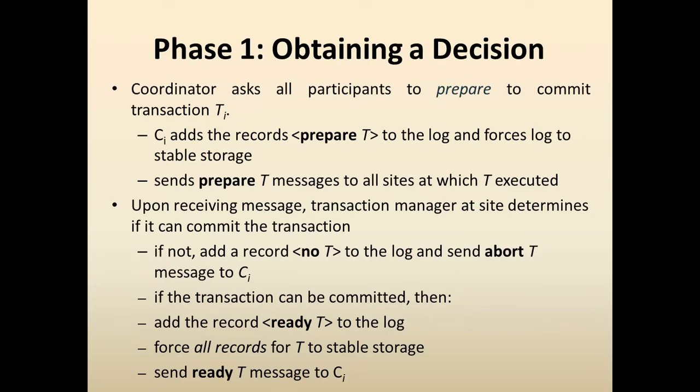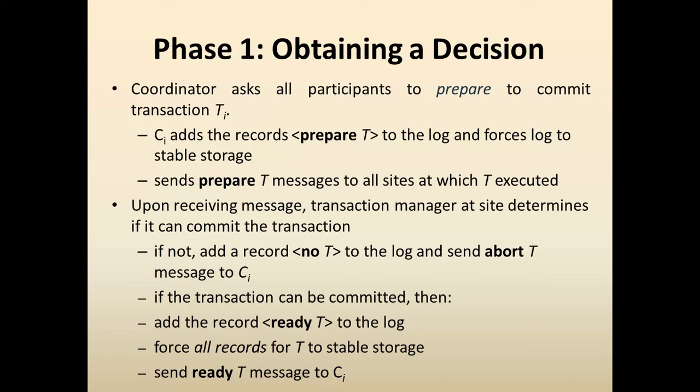Upon receiving the message, the transaction manager at the site determines if it can commit the transaction, and if not, adds a record <no T> to the log and sends an abort T message to Ci.